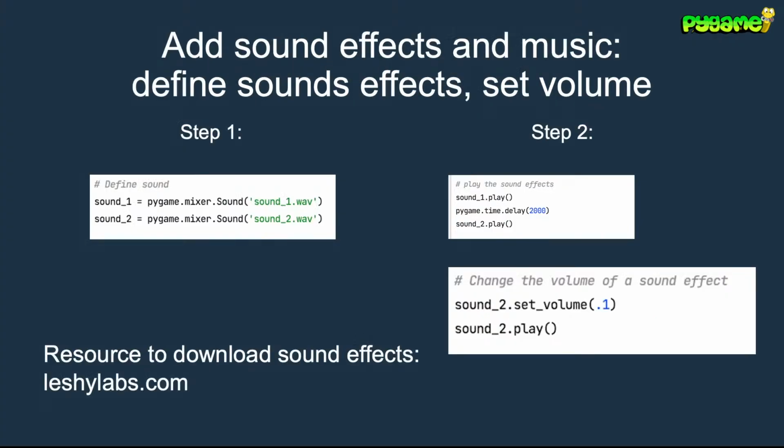Now let's, at the very beginning, in order to add the sound effect when we collide the two rectangles, we need to define the sound. So we need to download the sound from our repository using step 1. So let's do it.